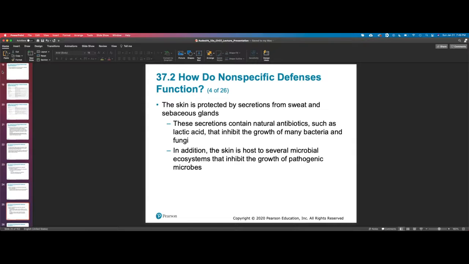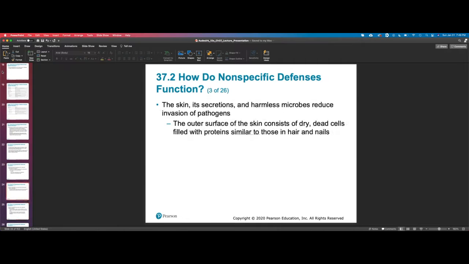So even your skin has a layer of dead cells that leave when you interact with everyday substances that fall off and are replaced. So your skin has multiple layers, and the outermost layer is going to be dead cells.